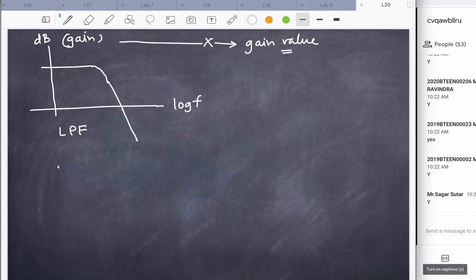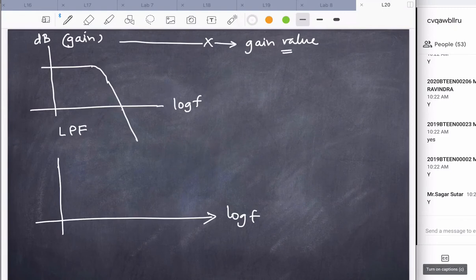I will write, where shall I draw it? Okay. First, I will draw it separately. Log f and gain, not in dB.